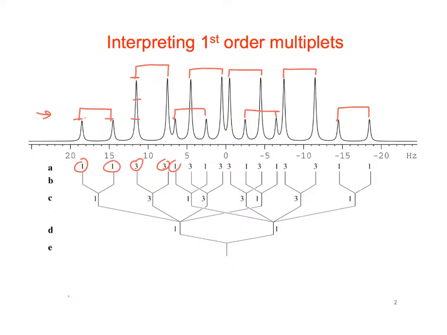So we look out here first, and since we see this 1 to 1, we know these are doublets, and so what we would do is condense each of these doublets. The one in the middle, we really know that this is not a splitting because there's nothing else that matches that. That just happens to end up that way because of the other splittings.